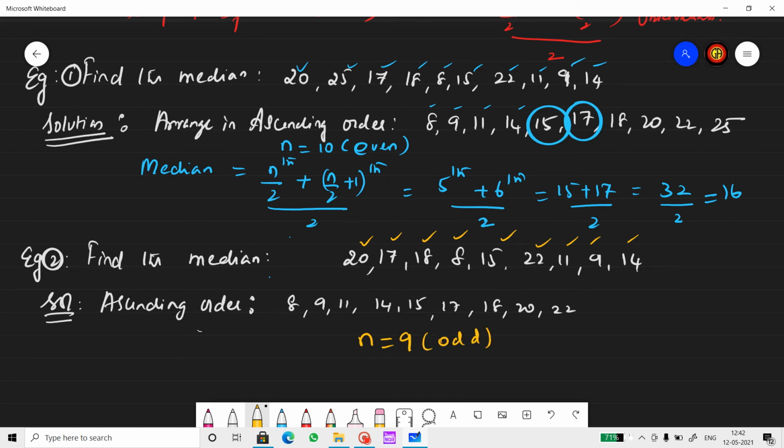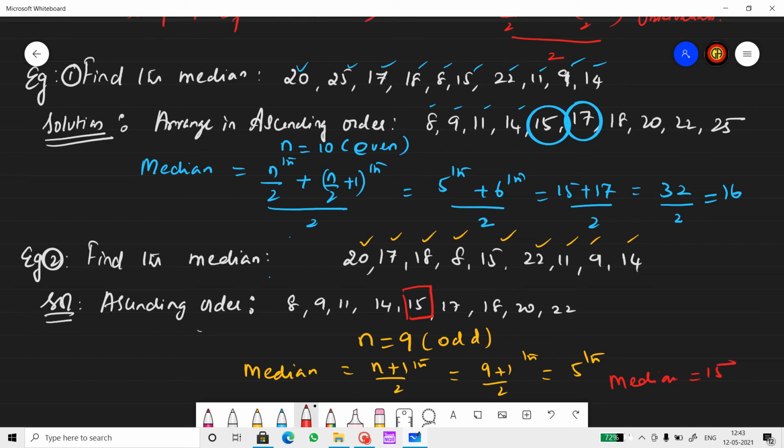If it's an odd number, the formula to find the median is the (n plus 1) by 2th observation. So (9 plus 1) by 2 is the 5th observation. Out of the ones we have arranged, the 5th observation is 15. Hence the median equals 15.